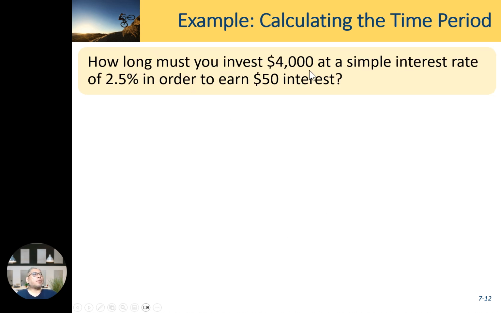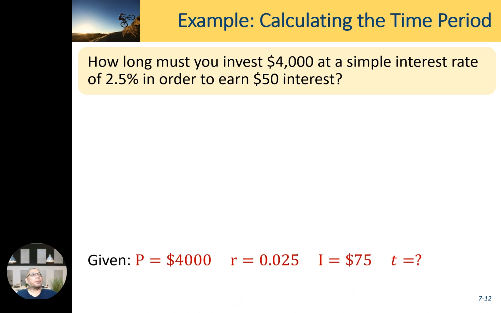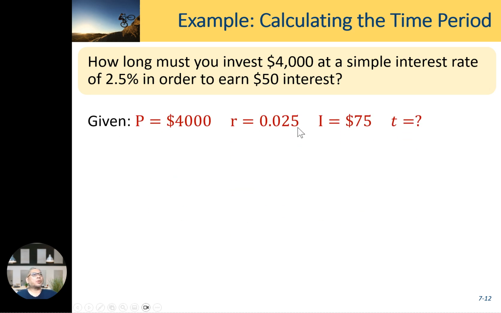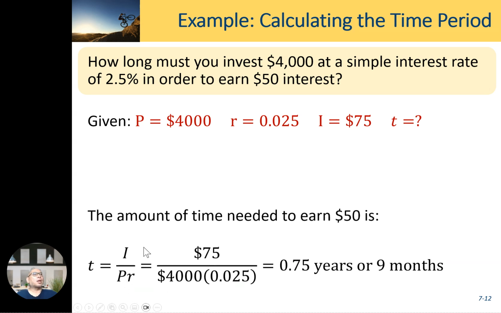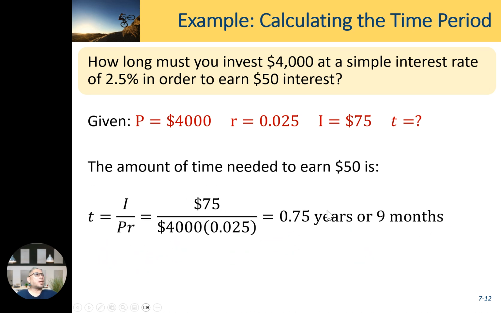How long must you invest $4,000 at a simple interest rate of 2.5% in order to earn $75 in interest? How are you going to do that? P equals 4,000, R equals 0.025, I equals 75, T equals what? When you plug in the numbers, you get 0.75 years, or 9 months.